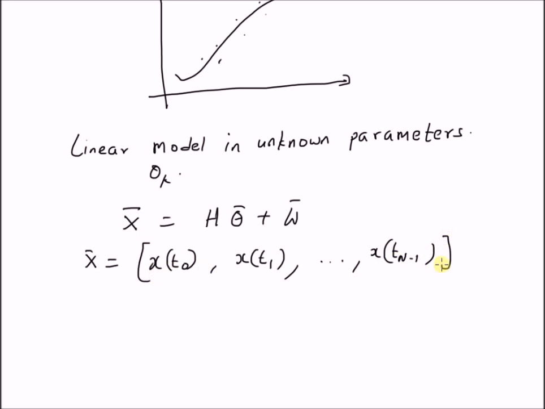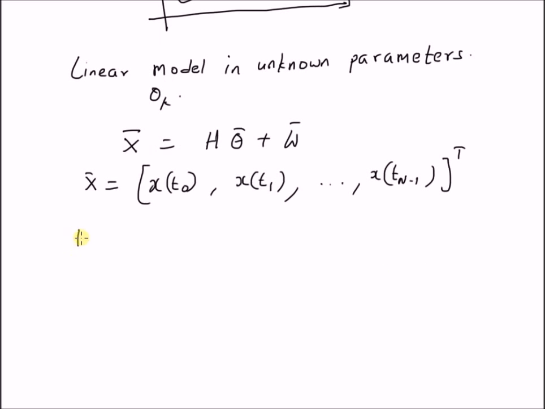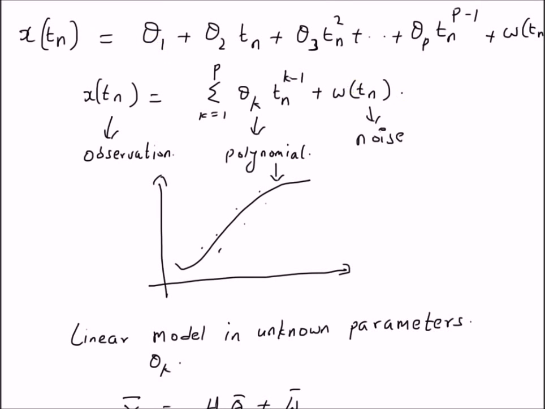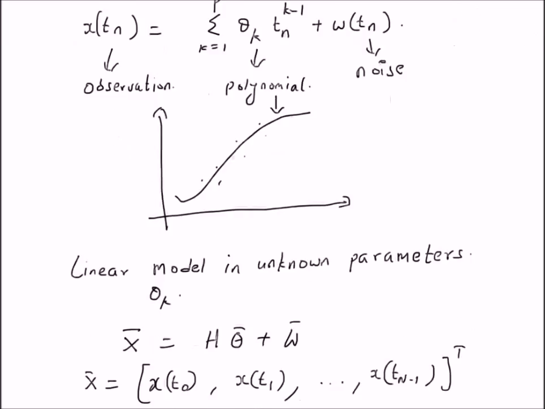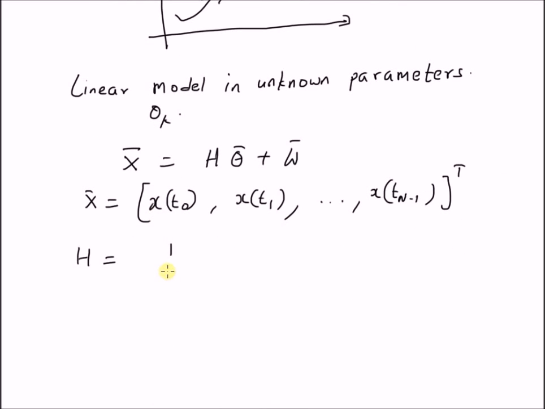So this is the observation vector, and h is clearly equal to, the first column should be all 1s since theta 1 is the term corresponding to the 0th order, that is tn power 0. So h will consist of 1s corresponding to theta 1. For theta 2 we have tn's in the second column.